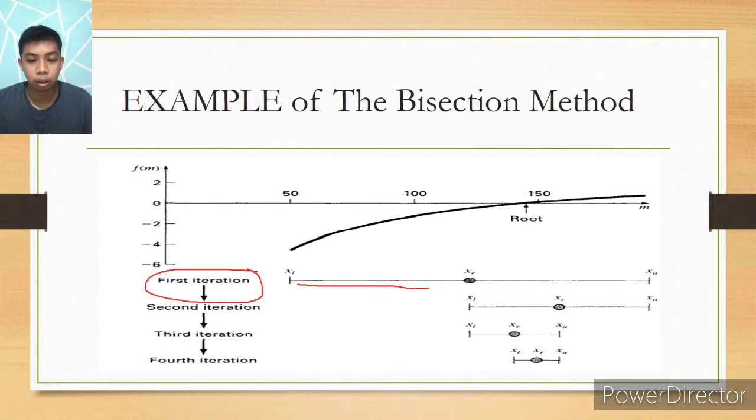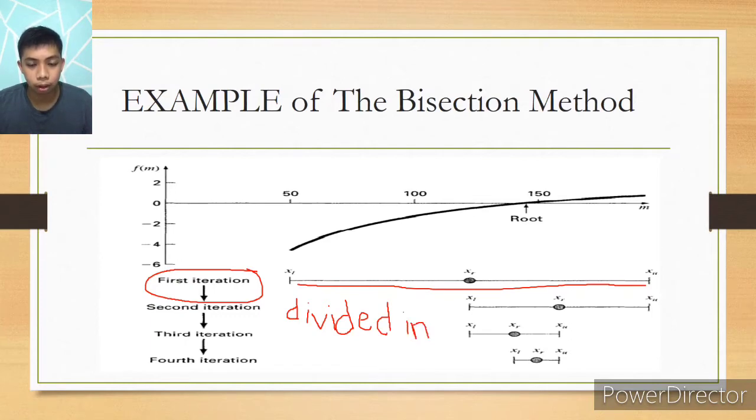Simple example of the bisection method. In every iteration, it is divided into half.